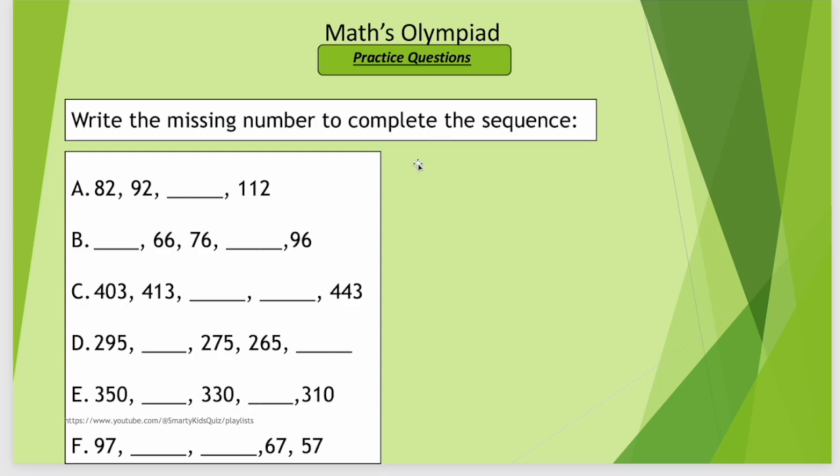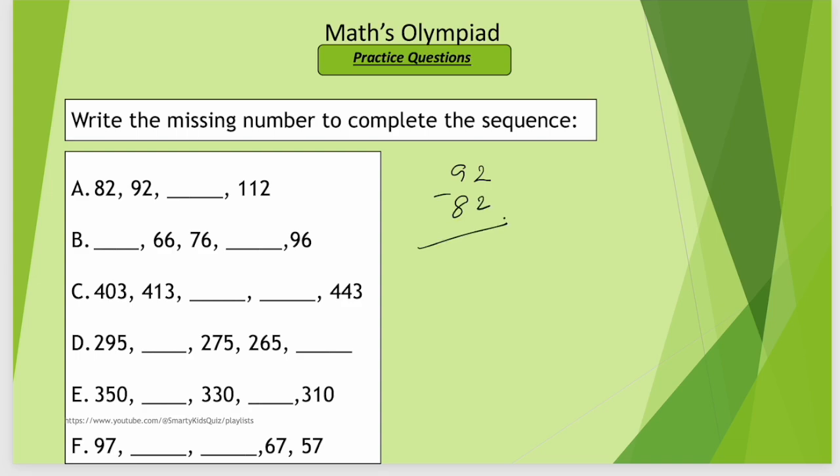Write the missing number to complete the sequence. How do you write the missing number? Right? It is 82, 92, and then 112. So first of all, 82, 92, which means it is ascending order. But ascending by how many? So just write here 92 and write 82.